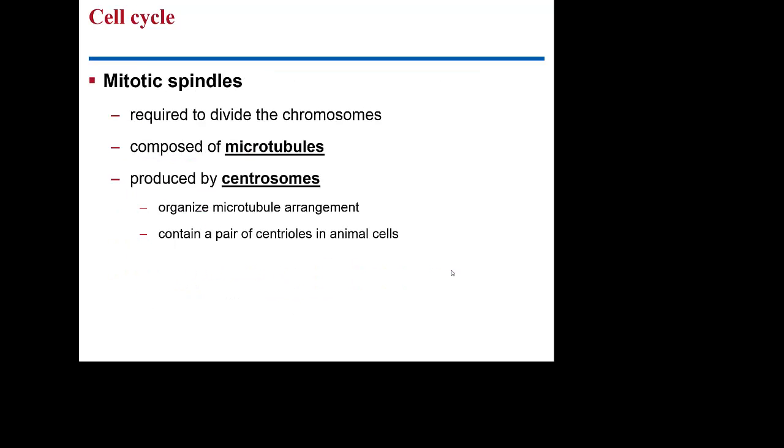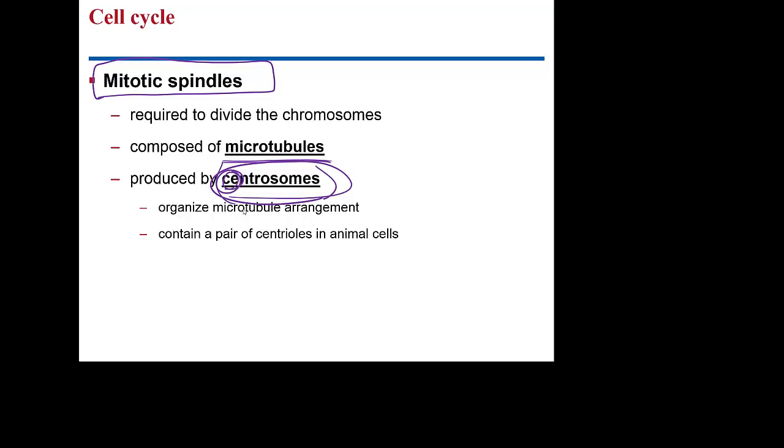We're going to need a couple of players in this, other than the cell itself. We're going to have to produce mitotic spindles. We've talked about these before when we talked about cytoskeleton. They're made of microtubules, and they're produced by something known as the centrosomes. You're going to have to be very, very careful with these C words in this section.